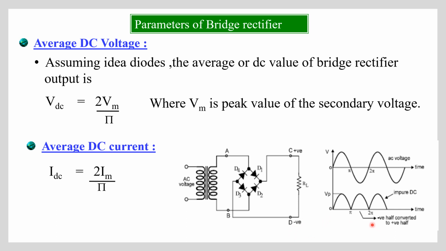The average DC current IDC is equal to 2Im by pi. This is the same as your full wave rectifier. So we get the DC voltage and DC current.